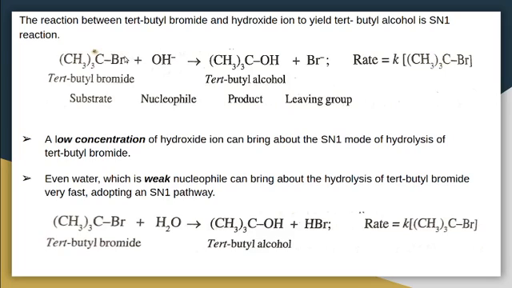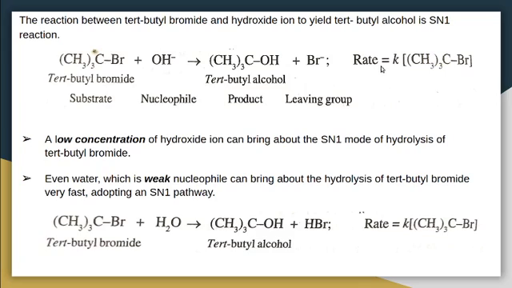Here the bromide ion is substituted by the OH minus ion and we get tertiary butyl alcohol. This reaction follows the SN1 mechanism. Why it follows the SN1 mechanism, we will discuss in a later session, in the mechanism of SN1 reaction.